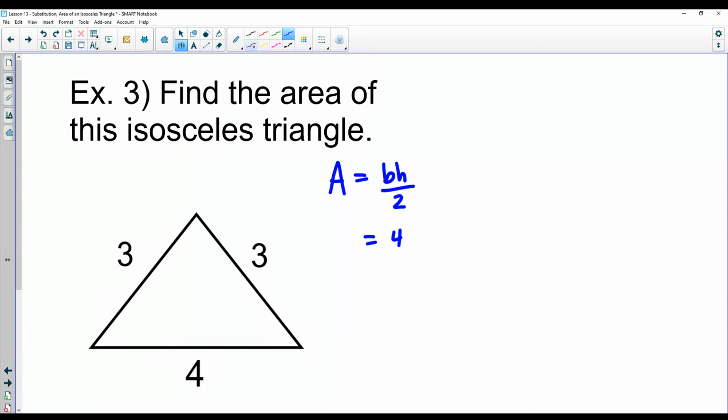And now we need to find the height. Okay, so sketch in the altitude of the triangle. Boom. We have a right triangle. Okay, label that h. So we have to go find that. So I'm going to take that off to the side here.